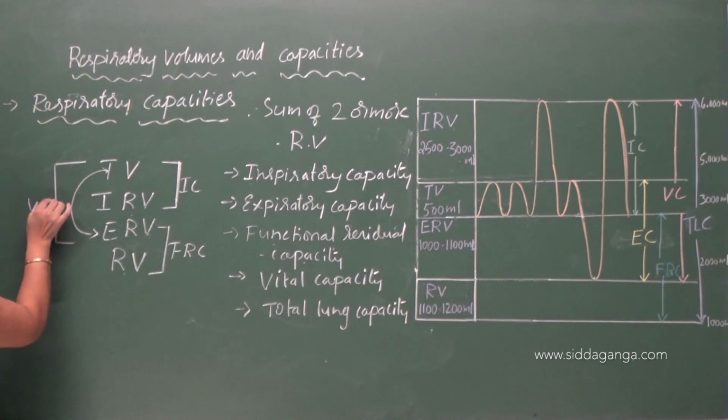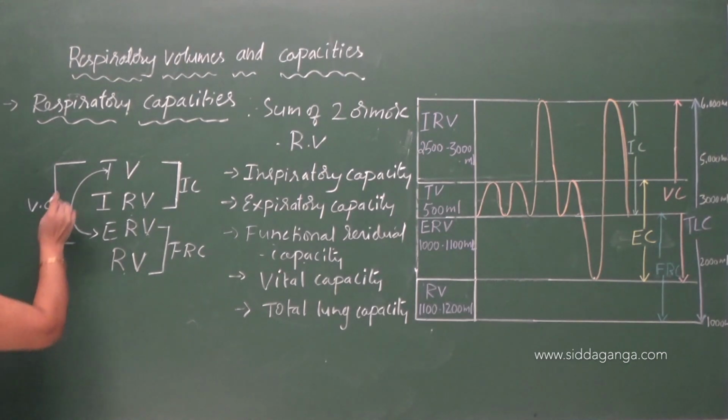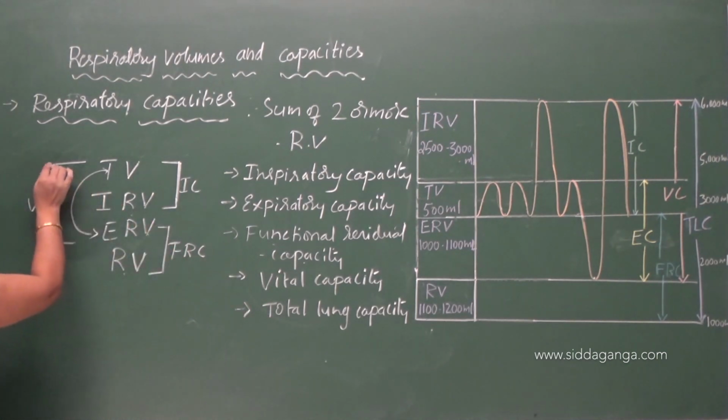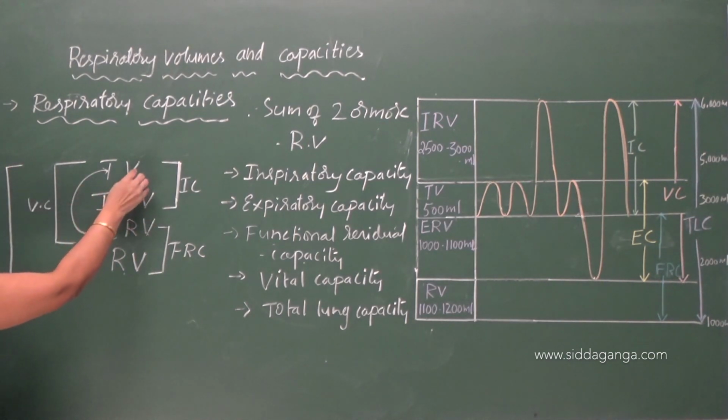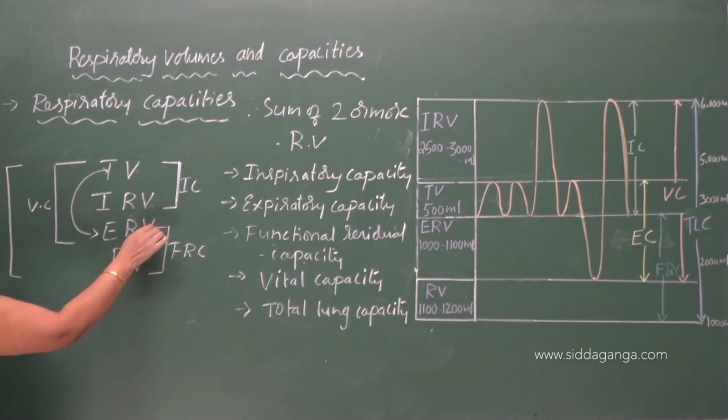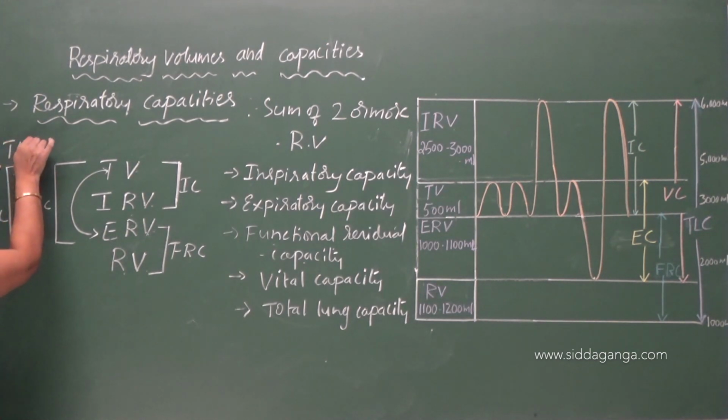And total lung capacity is the sum total of all the respiratory volumes, that is TV plus IRV plus ERV plus RV. So this gives the total lung capacity. Understood?